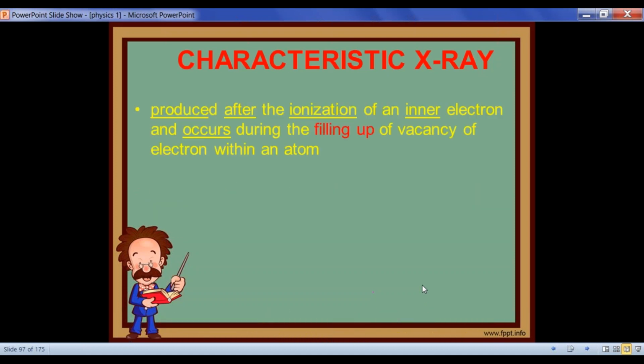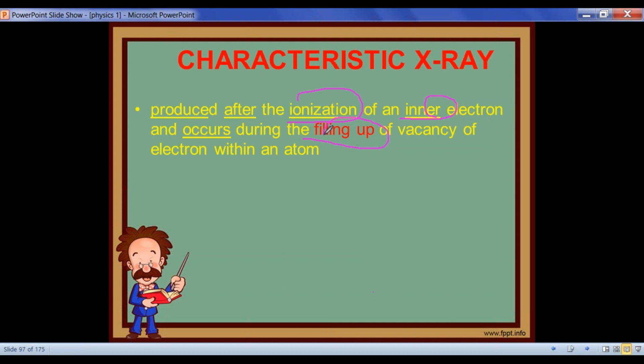So what is characteristic X-ray? This is produced after the ionization of an inner electron and occurs during the filling up of a vacancy of electron within an atom. So katulad po ng in-explain ko kanina, dahil po may ionization, dahil po may removal of electron mula sa inner shell, kailangan po mag-fill up.